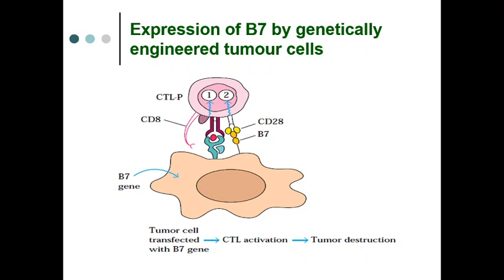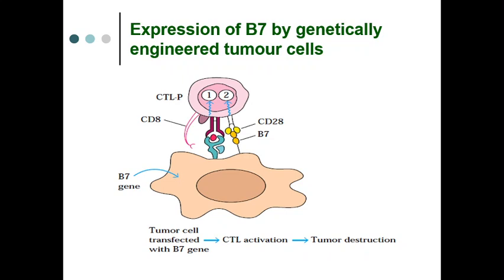The CD8 T cells immediately infiltrate the area where the tumors are expressing B7 molecule as well as tumor antigens, and they interact with the tumor cells through their T cell receptor, and CD28 receptor interacts with the B7. That triggers CD8 T cells to undergo activation.